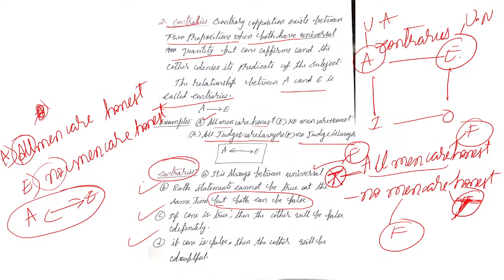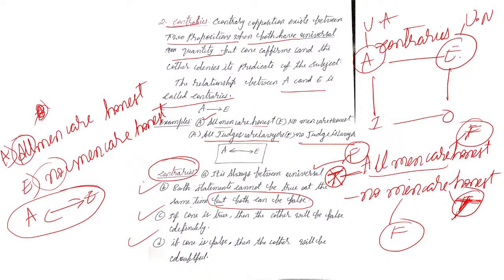How can it be? All men are honest is false. That means no man is honest, no men are honest, false.